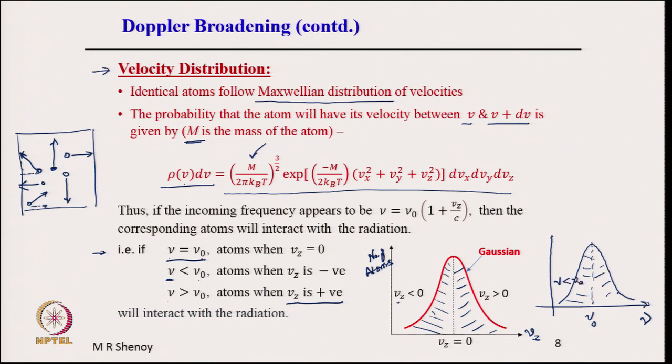All the atoms on the left half will interact with radiation if Vz is less than 0, because they will see it as a higher frequency due to the Doppler effect. They will see it as nu equal to nu naught, although the incoming frequency nu is less than nu naught here, and greater than nu naught here.